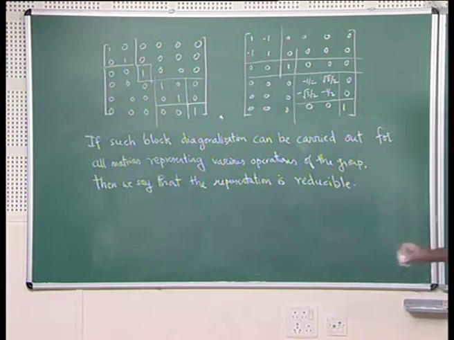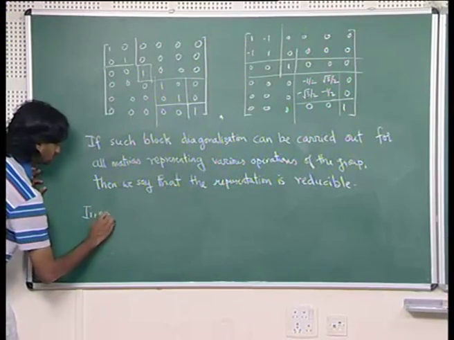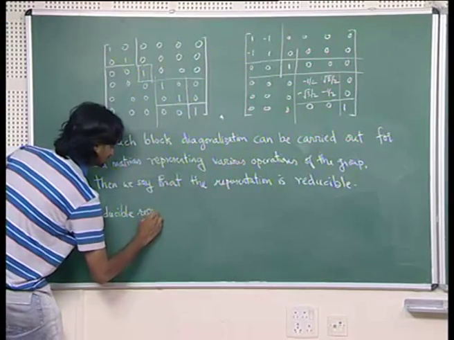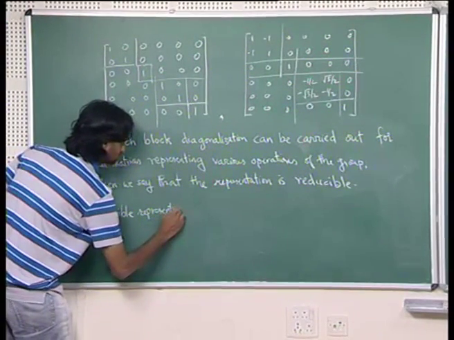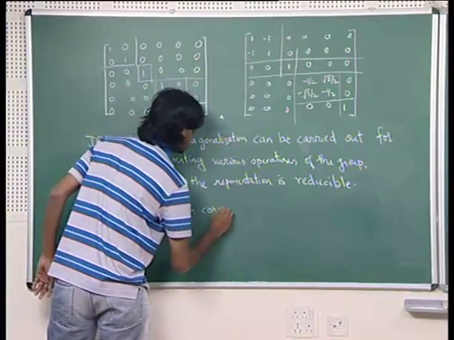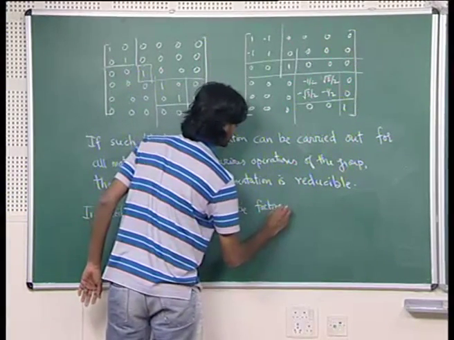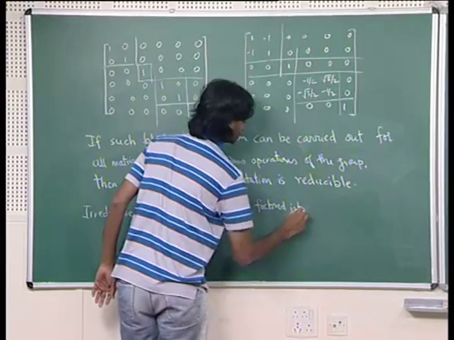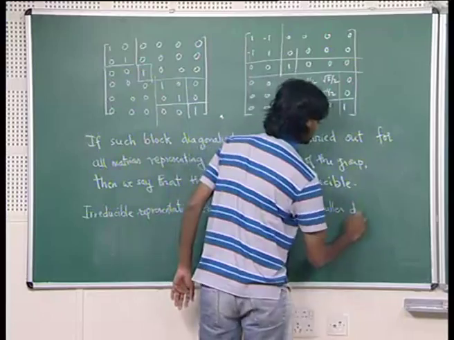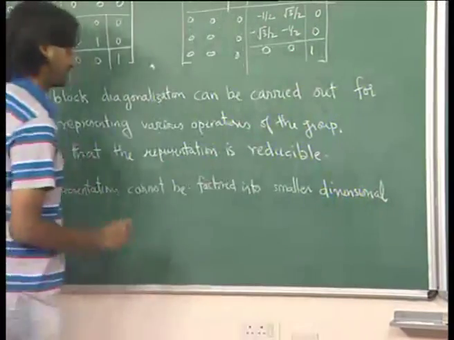Okay, so irreducible representations cannot be factored into smaller representations, smaller dimensional representations.